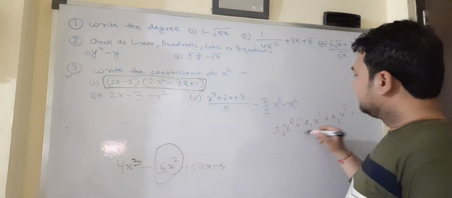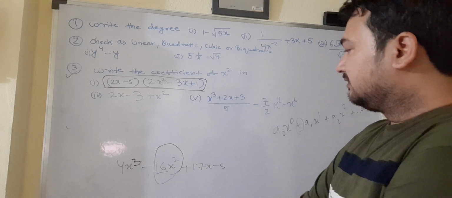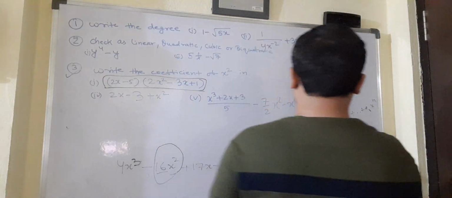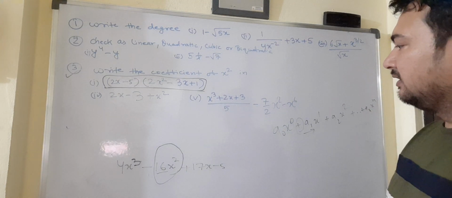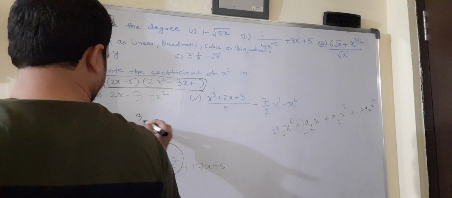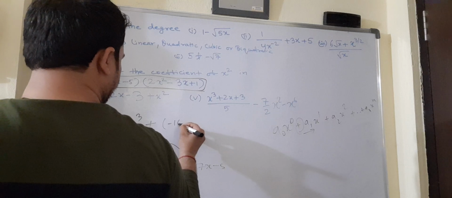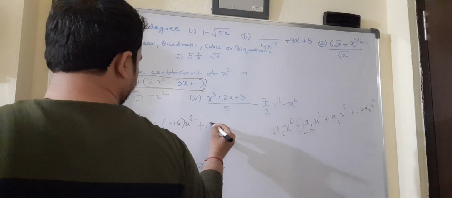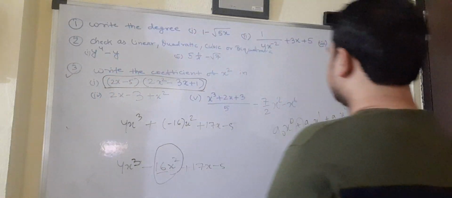So we consider plus sign as the default sign, and if there is any minus sign, we include it inside the coefficient. So this equation you can write, to bring it into the normal form, as 4x cube minus 16x square plus 17x minus 5, right?